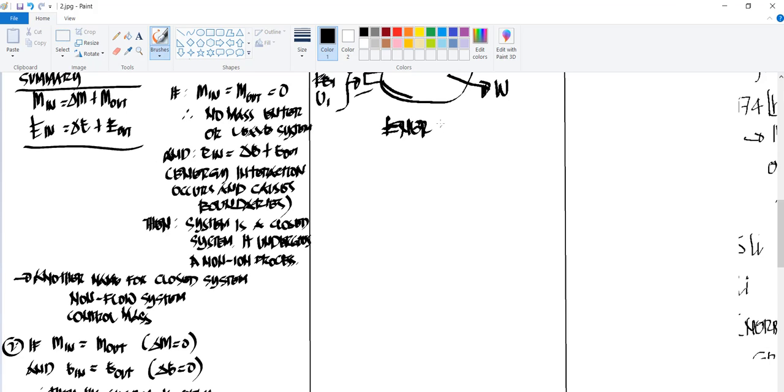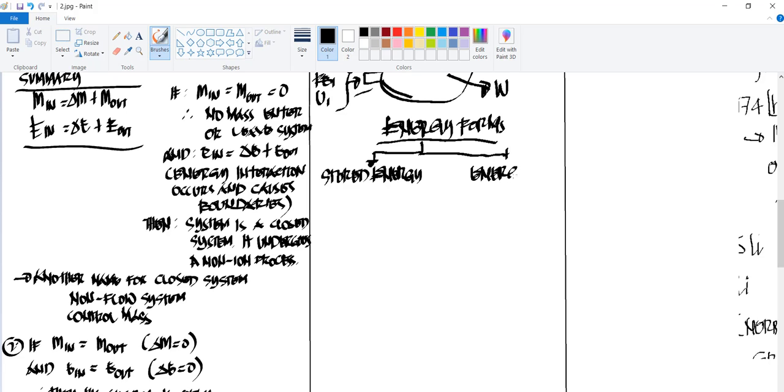So for your energy forms, we have two kinds of energy forms. One is stored energy, and then we have energy in transition.